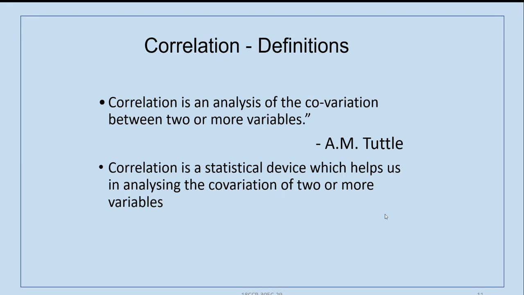Another definition, given by A.M. Tuttle, is that correlation is an analysis of the covariation. Covariation means two variables' variation, comparison. This we have seen in standard deviation, between two or more variables.